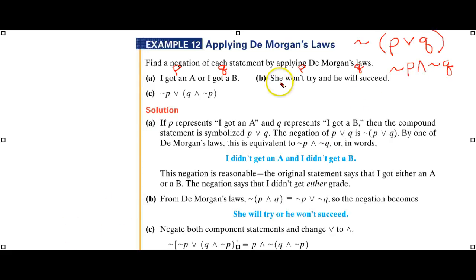In letter B, again, our first statement is a P, and our second statement is a Q, and it's an and, so we're going to use a caret. And then we will negate that, as they show here. And we said that is equivalent to the negation of P or the negation of Q. So the statement would be, she will try, or he won't succeed.